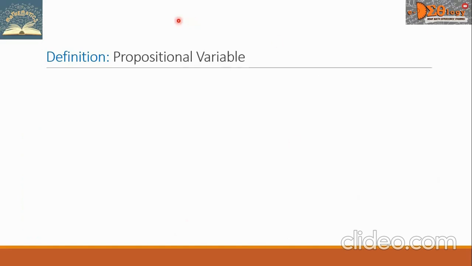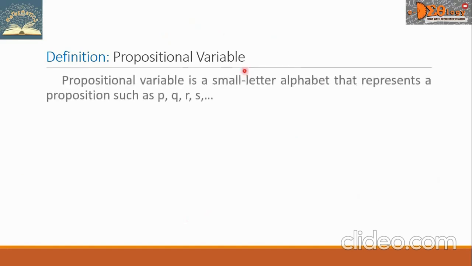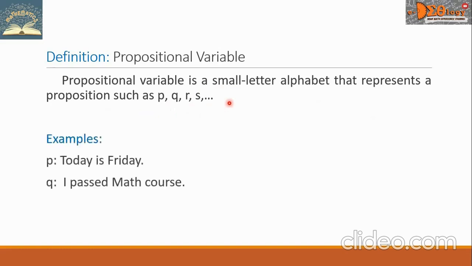Let us now define propositional variable. Propositional variable is a small letter alphabet that represents a proposition such as P, Q, R, S, and so on. We have 2 examples here.